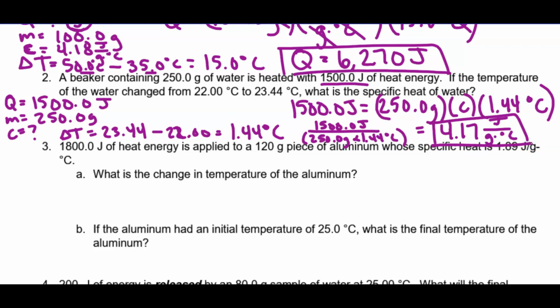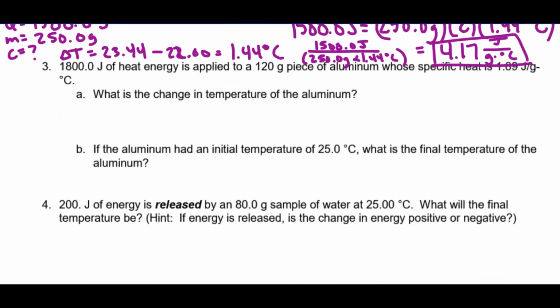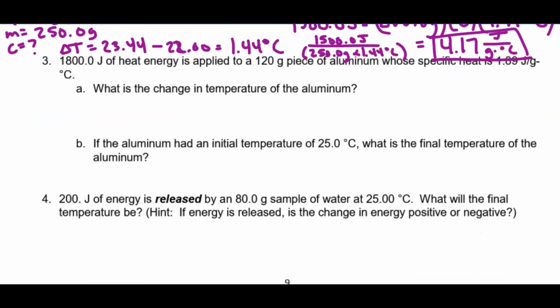Let's look at number 3 because there are 2 parts to this one. We have 1,800 joules of heat energy applied to a 120 gram piece of aluminum whose specific heat is 1.89 joules per gram degree Celsius. We want to know what the change in temperature of the aluminum is.